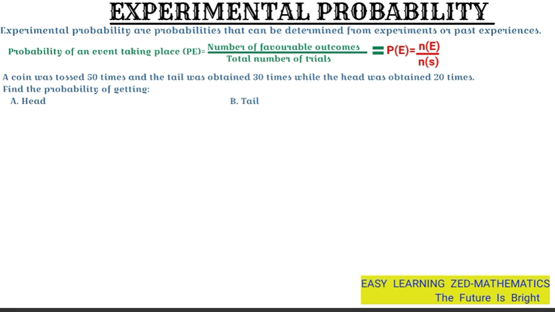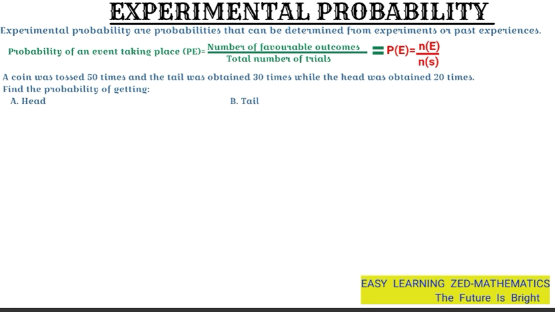Let's look at this example. A coin was tossed 50 times and the tail was obtained 30 times, while the head was obtained 20 times. Find the probability of getting A, head, B, tail. So here is a scenario. Someone was tossing a coin and he tossed it 50 times.